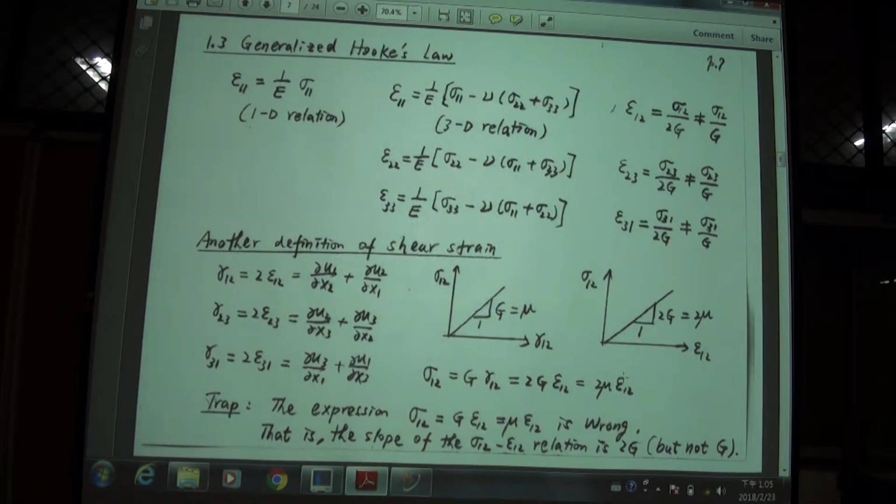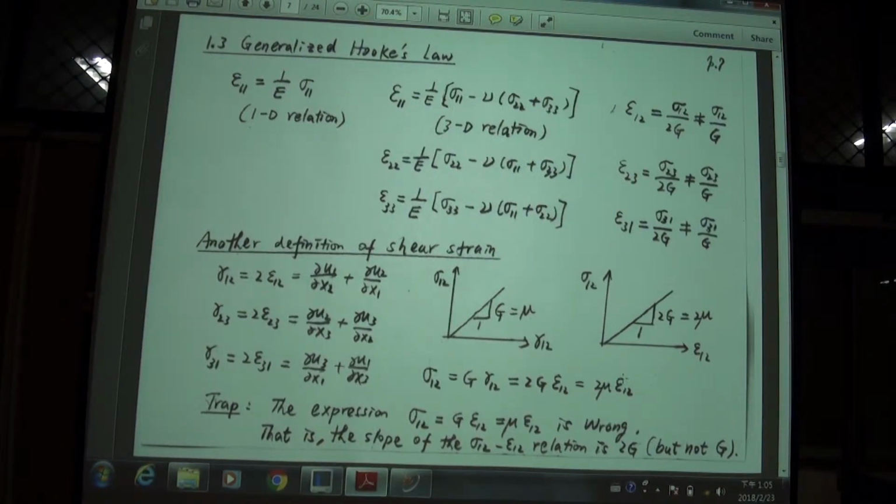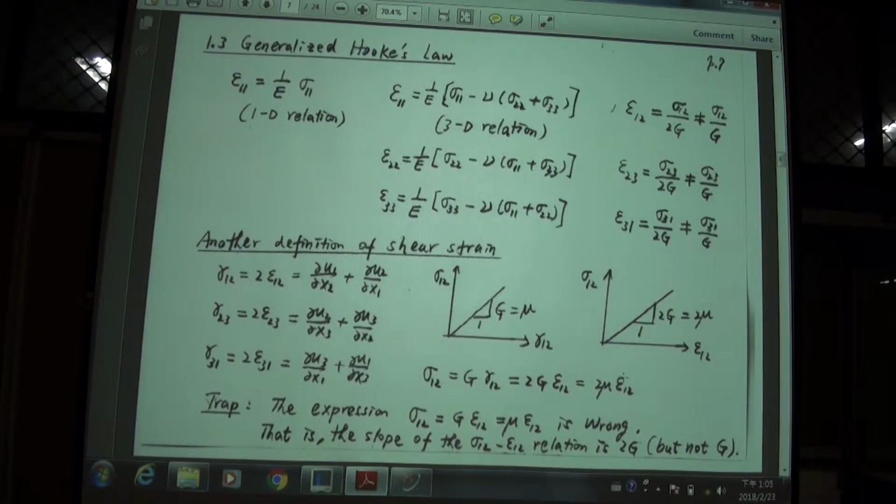Okay, how come we have two systems of the definition of the shear strain? Because in the old days, people were used to using this gamma 1,2 to represent the shear strain. There's no reason to have a 1/2 factor here.